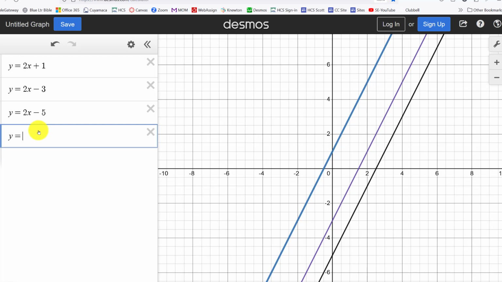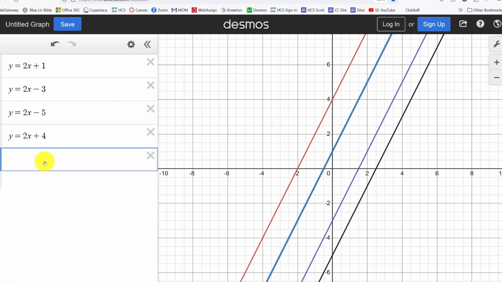Y equals 2x plus 4. Got another one. Y equals 2x plus 0. Now we don't have to type 0, but notice that one hit right at the origin 0, 0.